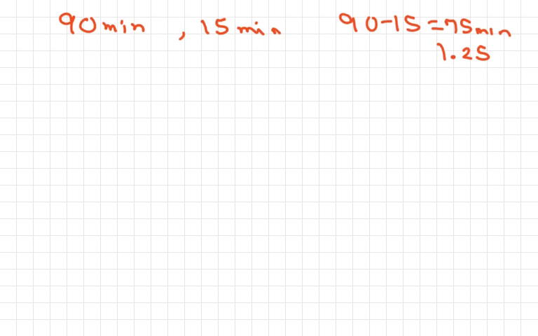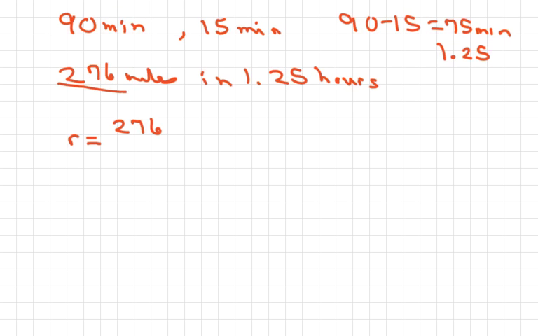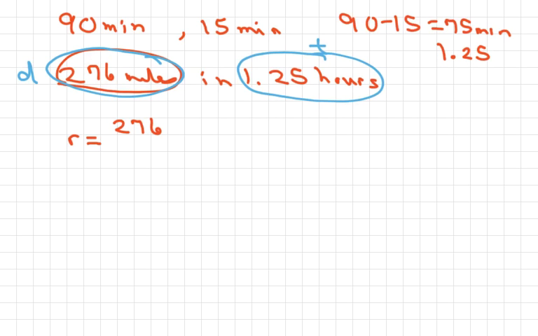So the plane must travel 276 miles in 1.25 hours, because we already went 15 minutes. Your rate is going to be distance over time. Distance is 276, and this is your time, so this is going to be over 1.25.